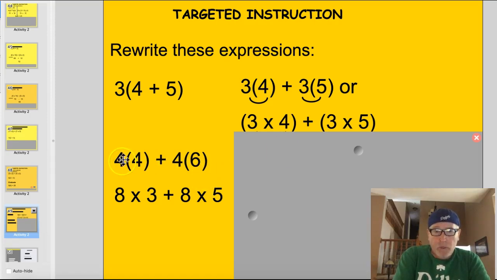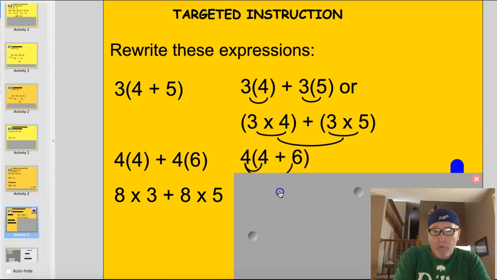Okay, in this one here, the 4 is the number that is being repeated. So if you rewrite that, the 4 would go out front, and then the 4 and the 6 go in the middle, and here's a plus sign, so that's 4 plus 6. And you notice I didn't use brackets on this one, because order of operations would say we'd have to do this first, and then this, right? And then we do the addition.